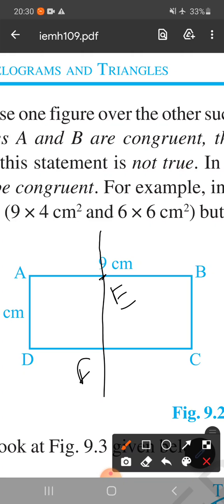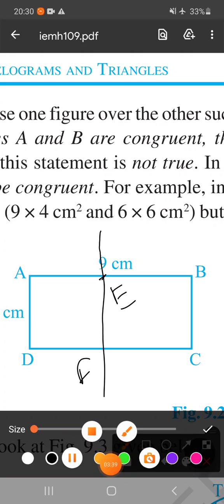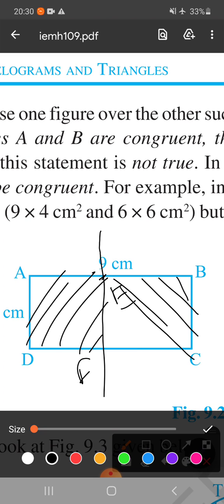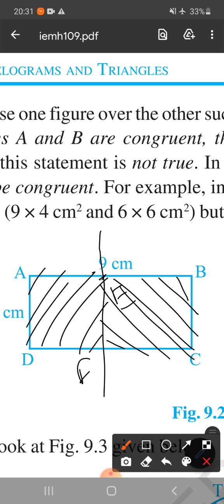So the area of the quadrilateral AEFD, that means this area, and the area of quadrilateral BCFE, that means this one, right? The sum of the areas of these two quadrilaterals will be equal to the area of the whole quadrilateral, or the whole rectangle in this case.